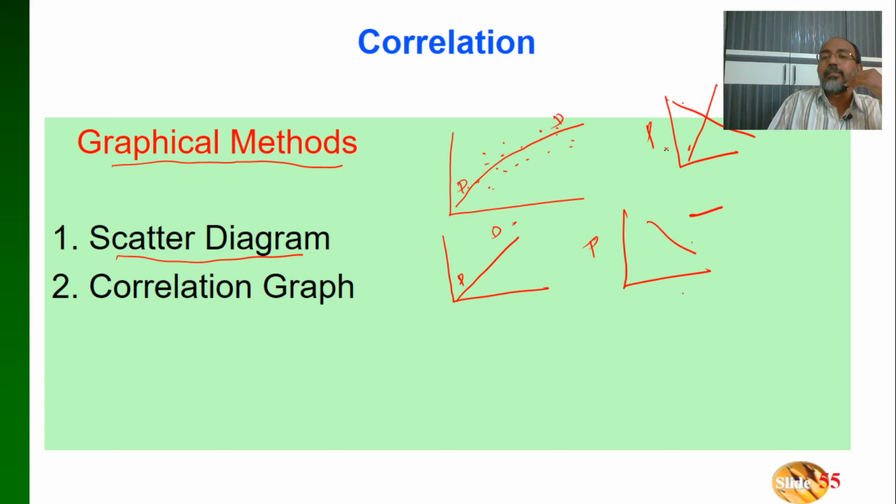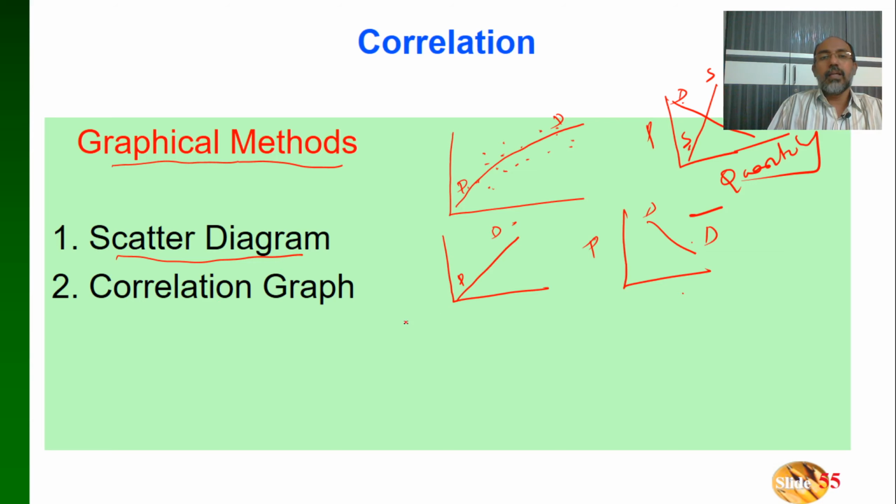Okay, so this is called the S curve, and this is called the D curve, the demand curve. So price and quantity: it shows the relationship graph between these two.